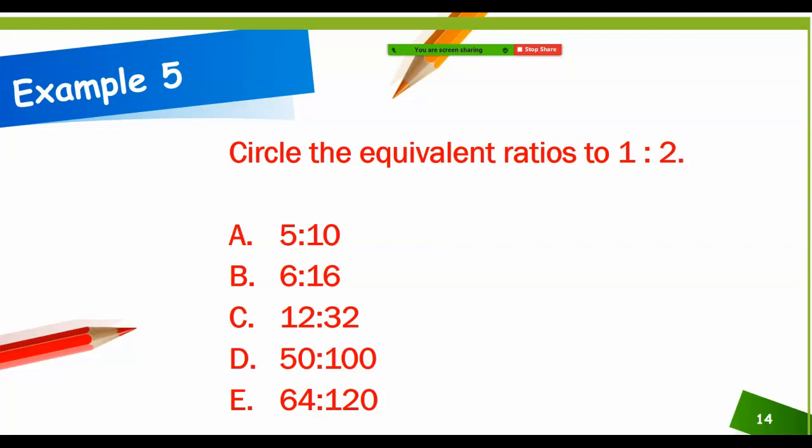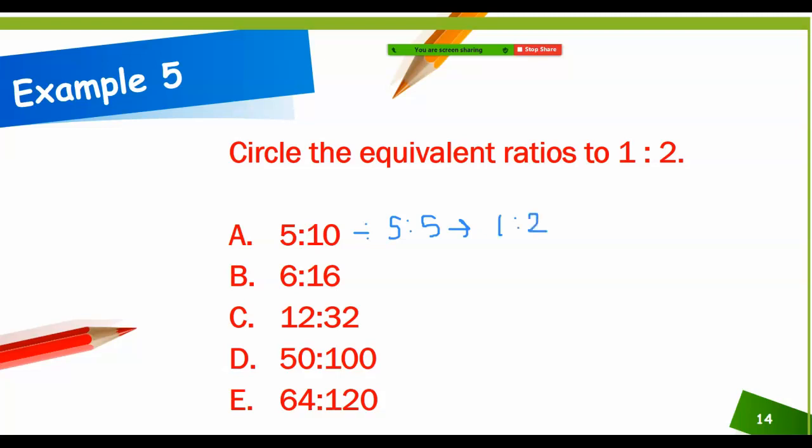So Abby, what could I do to 5 compared to 10 to see if it compares to a half? What could I do to compare them? Perfect. I'm going to divide top and bottom by 2, so 5 divided by, not 2, sorry Abby, by 5, because we want that bottom to be 2.